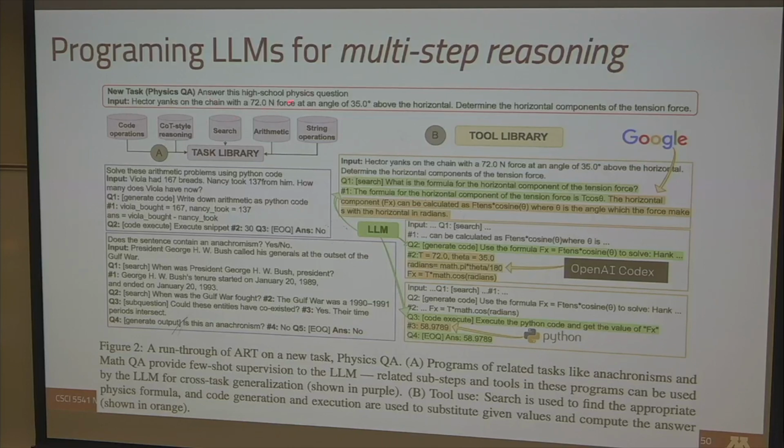The task here is computing some sort of force, like a physics question. And it ended up retrieving the arithmetic computation task and the anachronism task as relevant tasks. And these will be the few-shot examples of the prompt.